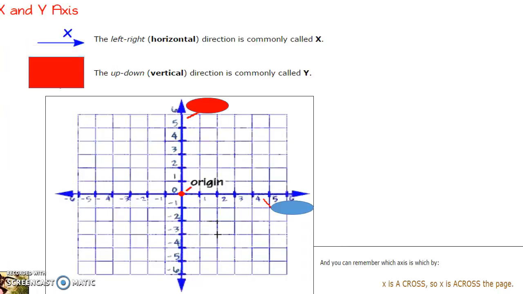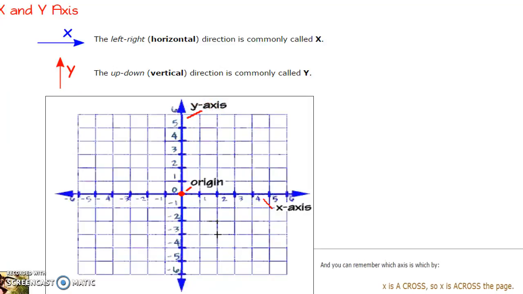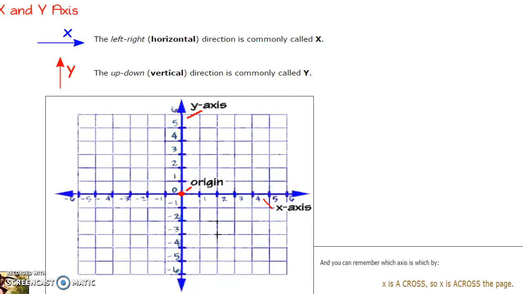All right, again, let's take a look at the axis. The left to right horizontal direction is called our x-axis. Now if we're going to move up and down, that's our y-axis, which is vertical. And you can remember this by thinking about the x. X is across the page.